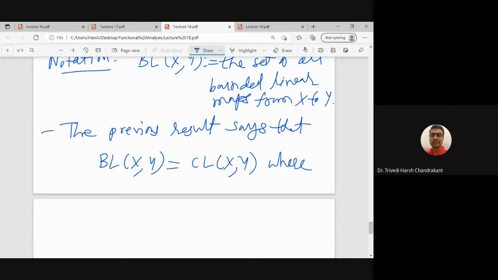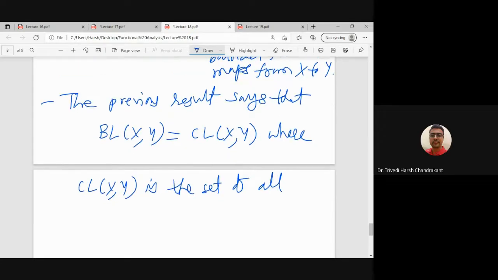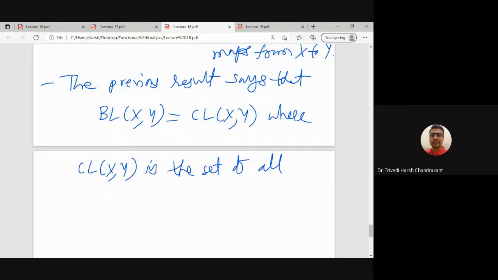So what is CL(X, Y)? CL(X, Y) is the set of all continuous linear functions from x to y. We are saying continuous, but we are actually assuming linear functions. We are only considering linear functions.